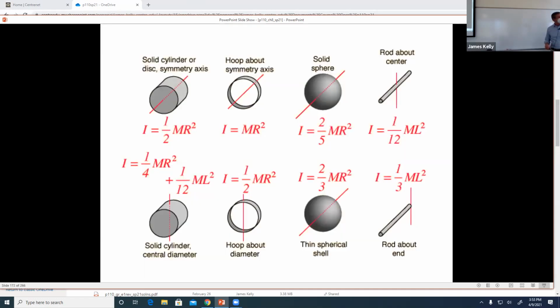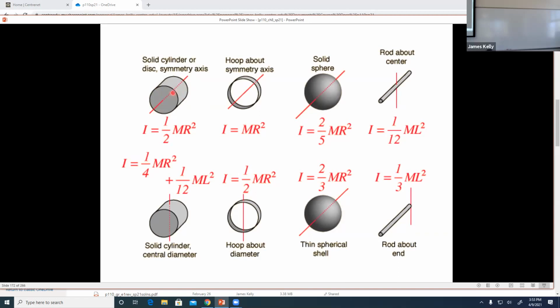Well, that was the perfect intro to this. This isn't from our book, but you have almost the same table in your book. So here is a uniform cylinder, which is pivoted to rotate about its axis of symmetry, which is going through the center of that cylinder.